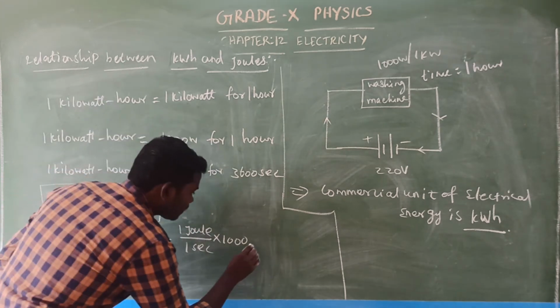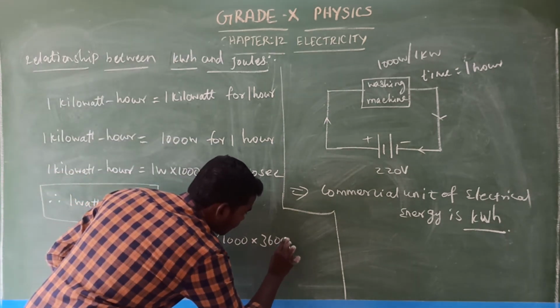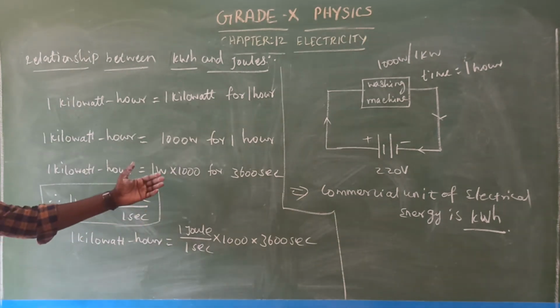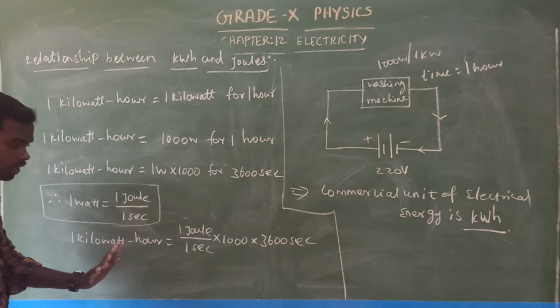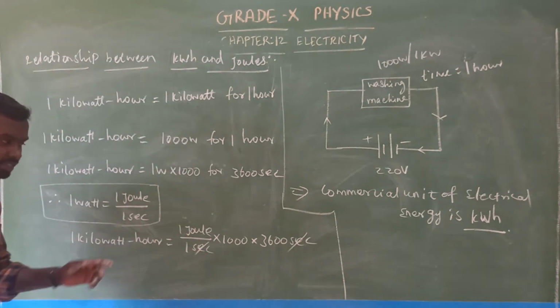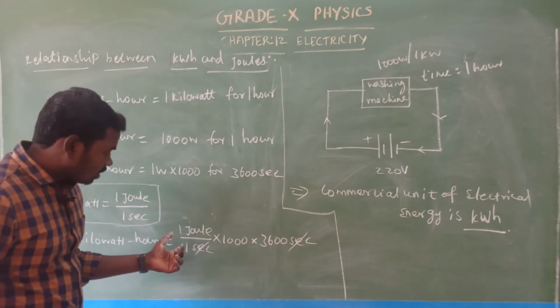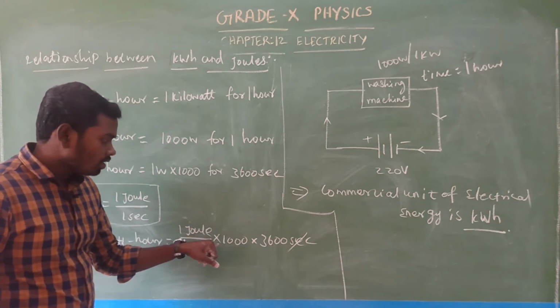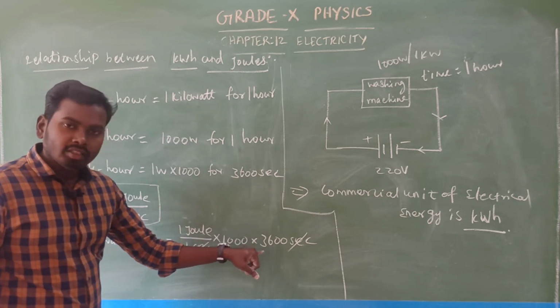Into 3600 seconds. See, 3600 seconds. Okay, I have just modified that. That's all. So look at here. From this formula, seconds cancel. Am I right? Seconds cancel, and what will remain? Look at here. 1 joule and 1000 and 3600.